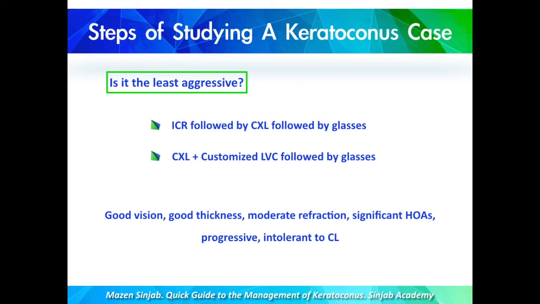Actually, the first one is less aggressive because it is reversible. So we can remove the intracorneal rings anytime, while doing customized laser vision correction with corneal cross-linking is irreversible. And any side effect or any complication with this option, the second option, is permanent, cannot be reversed. This is why the first option is less aggressive.